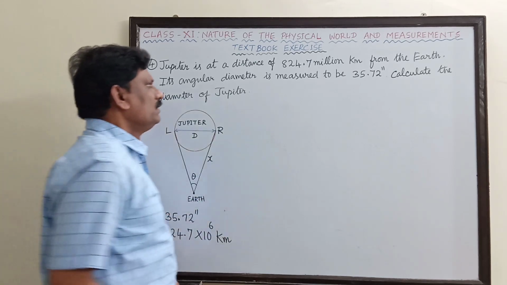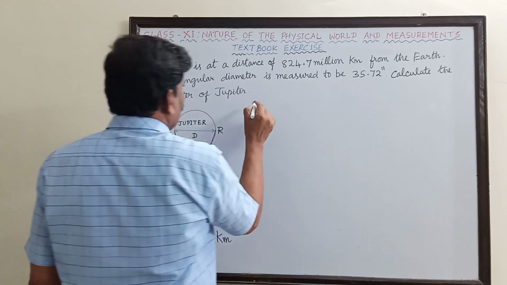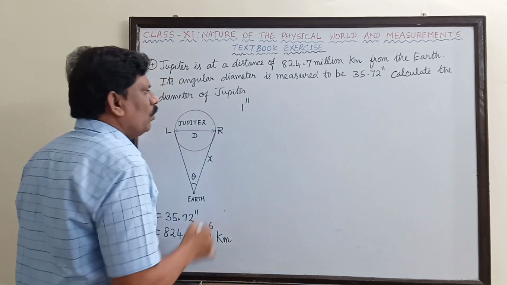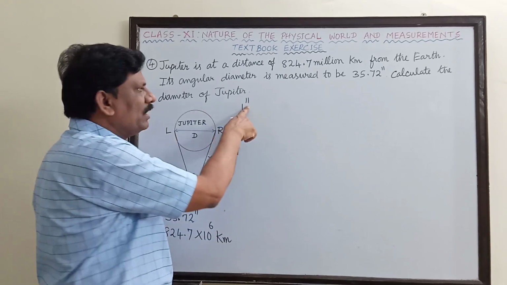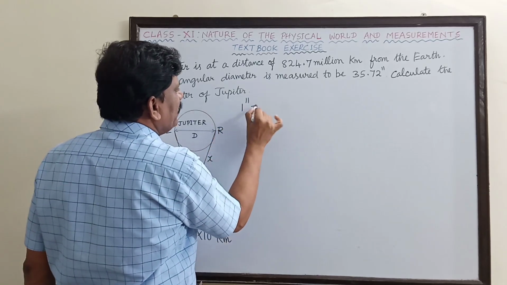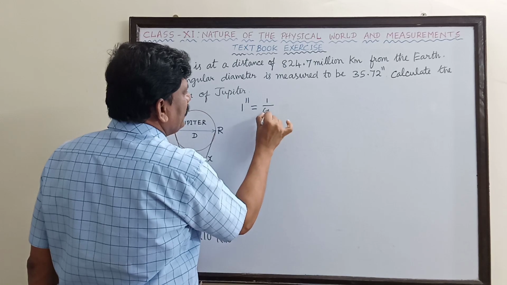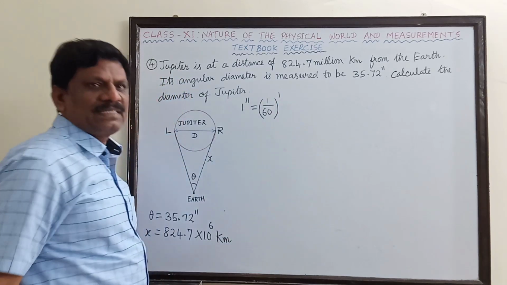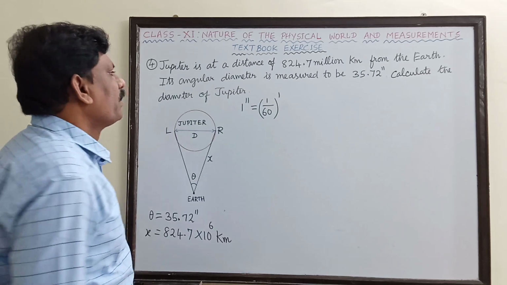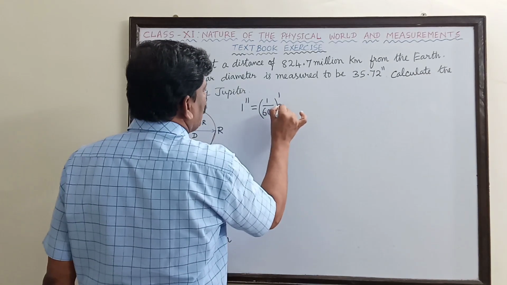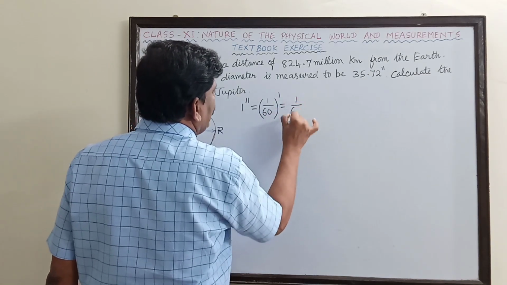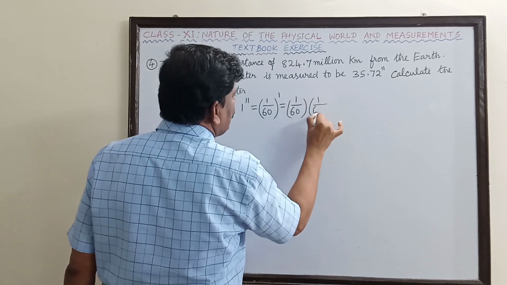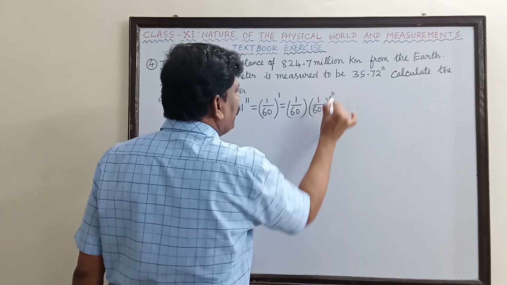Okay. Now my dear students, you must know that 1 double prime means what? 1 second. This is equal to 1/60th of a minute. And this is once again equal to 1/60th into 1/60th of a degree.